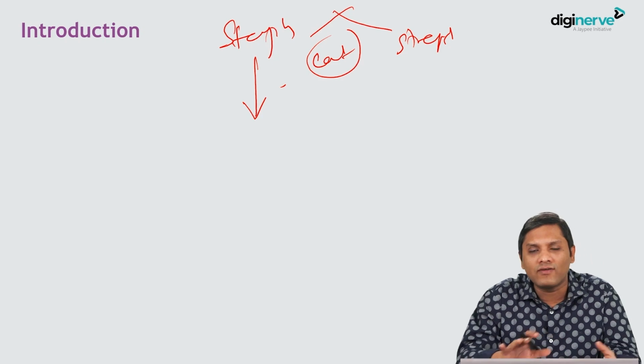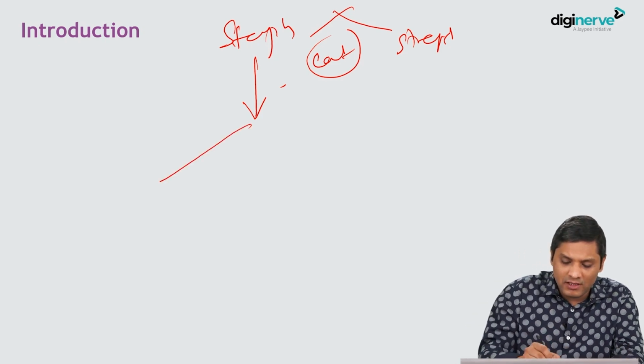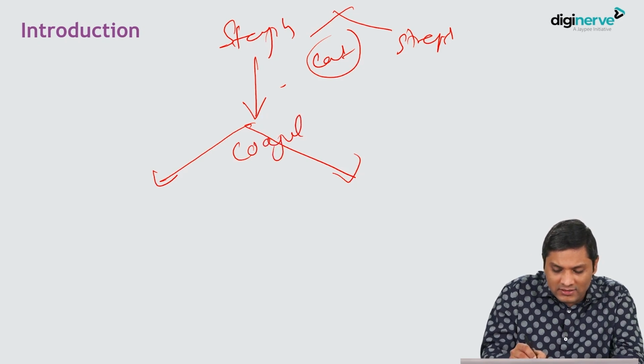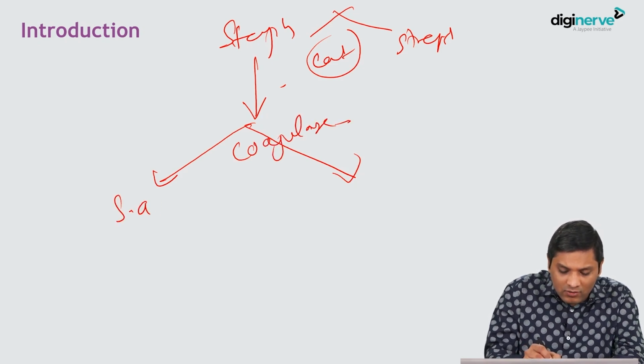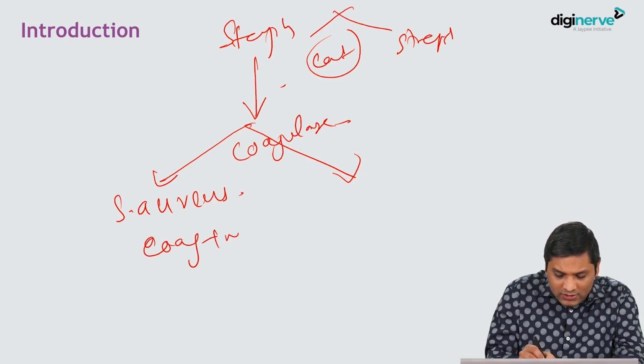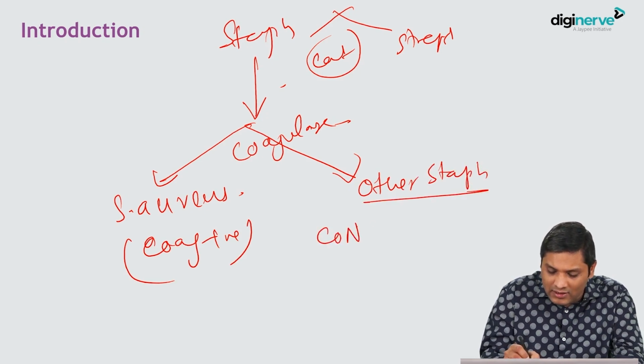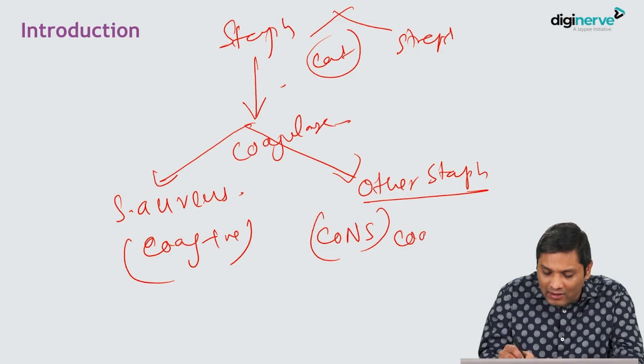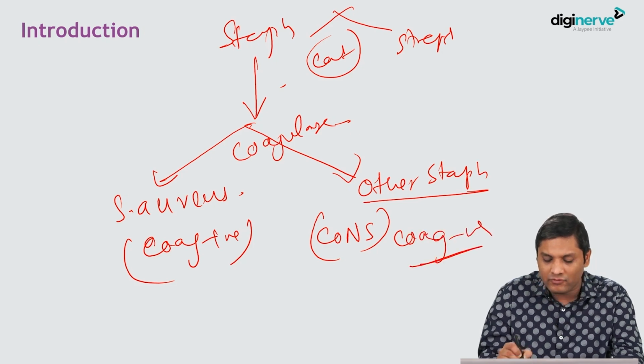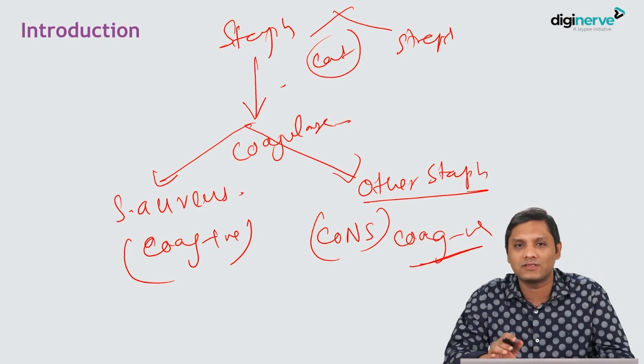Now, all Staphylococci are catalase positive. They can be differentiated based upon the coagulase test into Staphylococcus aureus, which is coagulase positive, and other Staphylococcus species, which are called coagulase negative Staphylococcus. CONS is the abbreviation used for them.